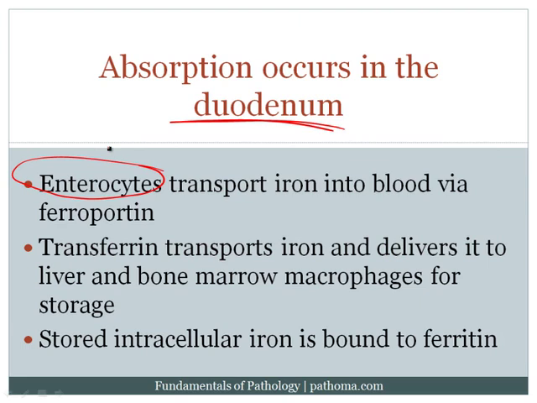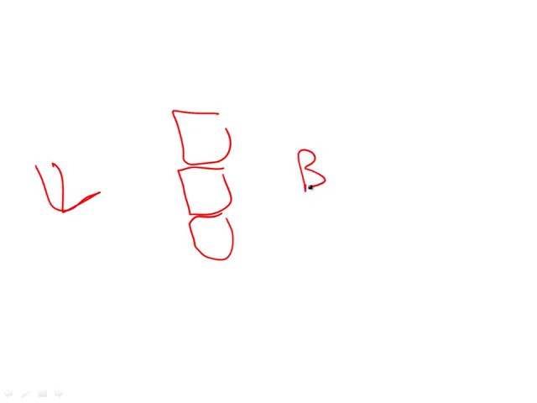The enterocyte regulates the absorption of iron. Basically, the enterocyte takes up iron from the gut and then has the ability to transport it into the blood via a transporter called ferroportin. Now let me draw this for you. Let's pretend that this is the enterocyte and this is the lumen of the gut, and over here would be a blood vessel.